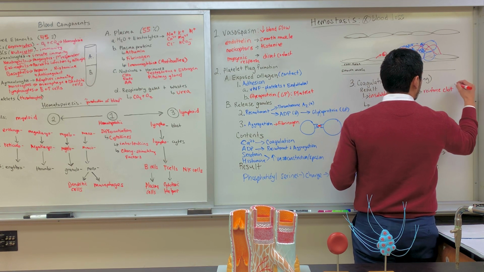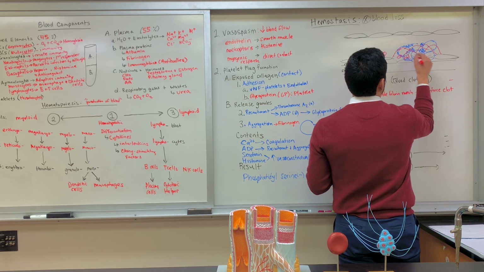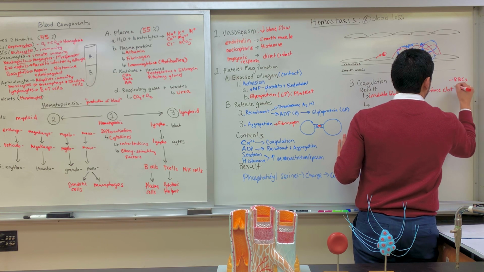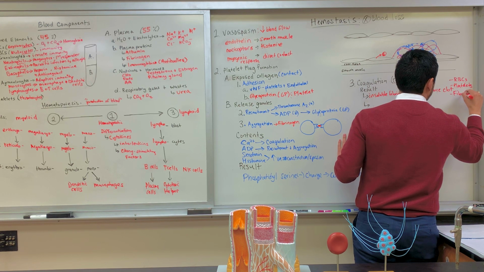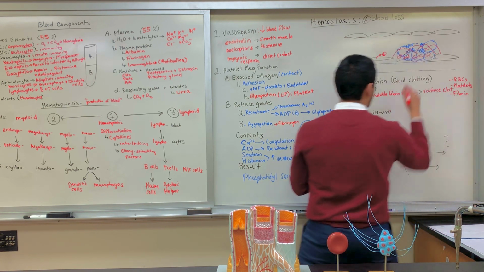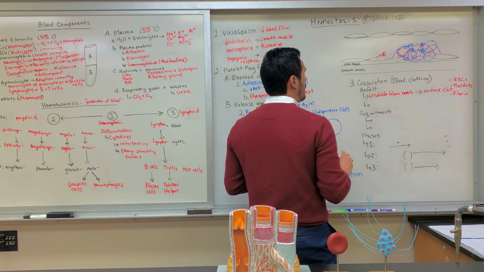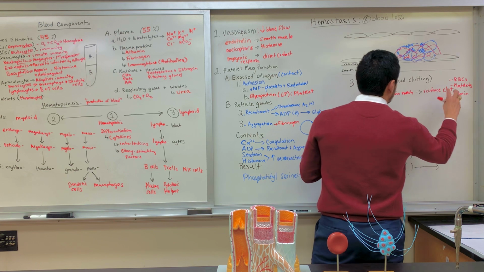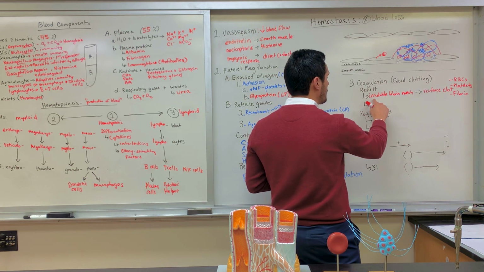So for the blood clot, there are a couple of different components. There's going to be a bunch of red blood cells, there's going to be platelets, and then as well as the fibrin protein for this blood clot. Okay, so we have an insoluble fibrin mesh here that helps to reinforce the clot.